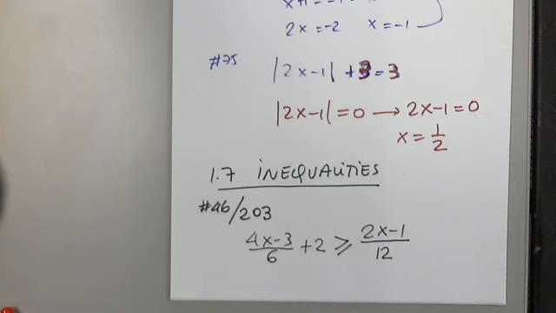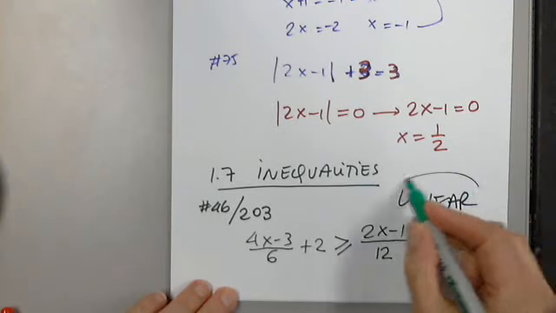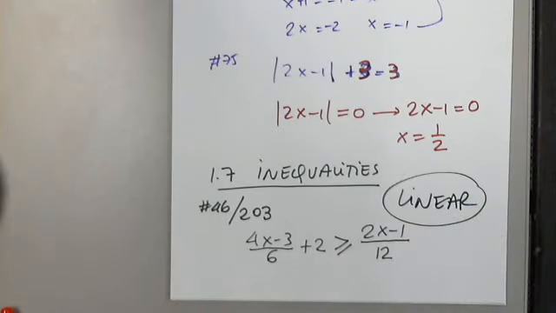First, I know it's an inequality, but what type? It would be rational only if the denominator has x in it. But since no denominator has x in it, it cannot be rational. It is linear. Very good. So this is a linear inequality.